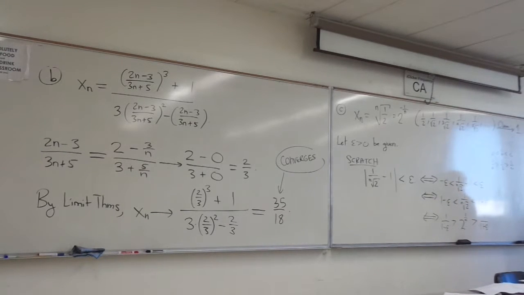I can pull the exponent down in front, right? So 1 over n times the log of 2, and then greater than the log of 1 over 1 plus epsilon. So it would look like that. Make sense? Now what?